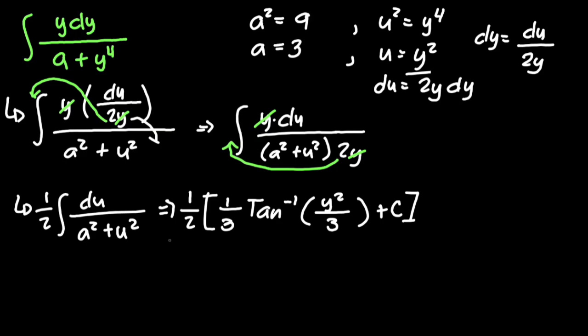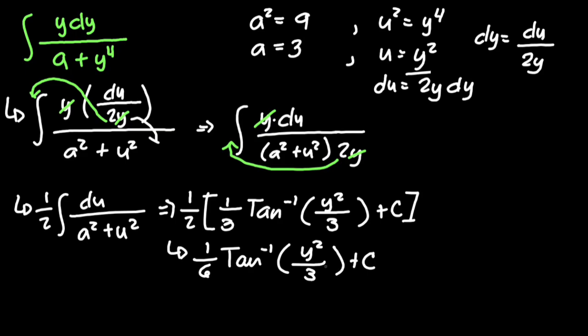So simplifying this, it would become 1 half multiplied by 1/3 is equal to 1/6 multiplied by arctangent of y squared over 3 plus c. You can use the other answer, which is the arccotangent, but I will not be putting it here.